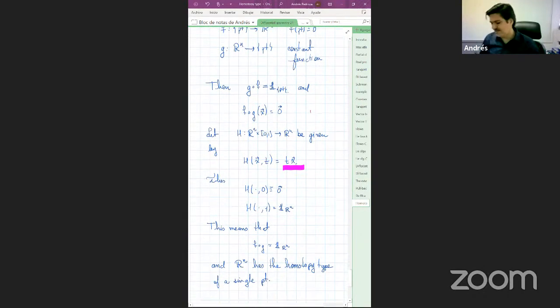And that way you have that Rn and a single point have the same homotopy type. Good. Any questions on this part?